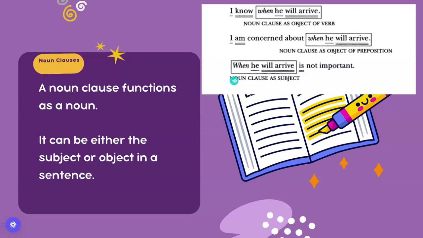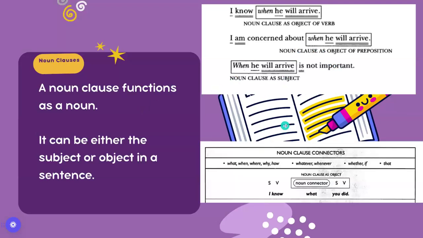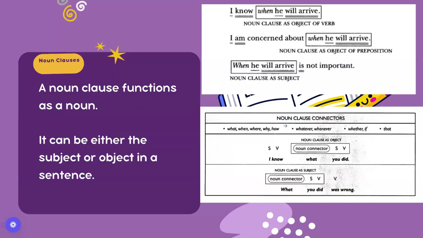Or we can have the noun clause as the subject. When he will arrive is not important. What is not important? When he will arrive. And typically, we have this structure when we use noun clause connectors.